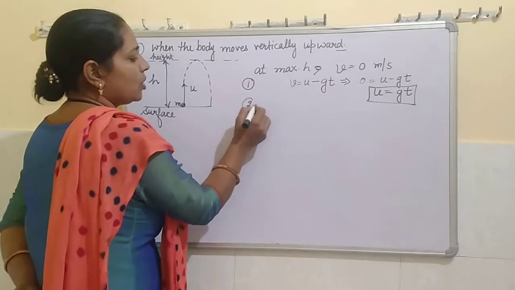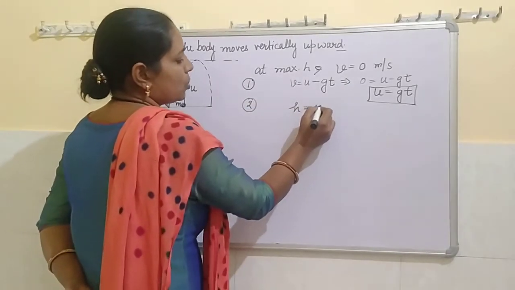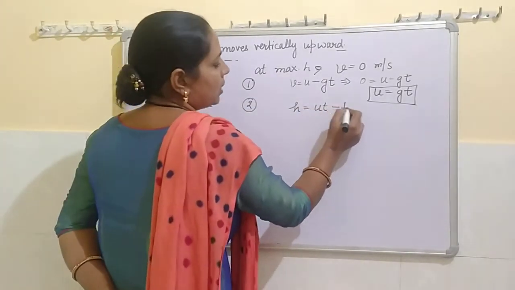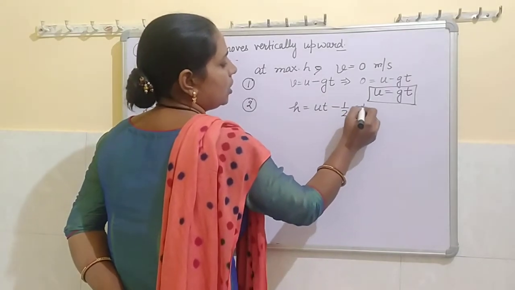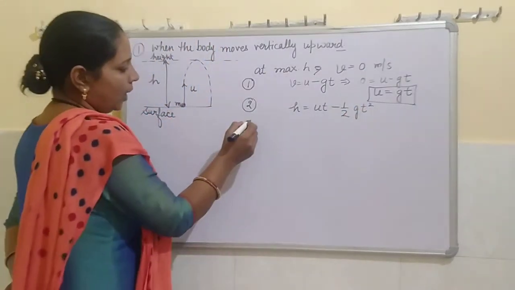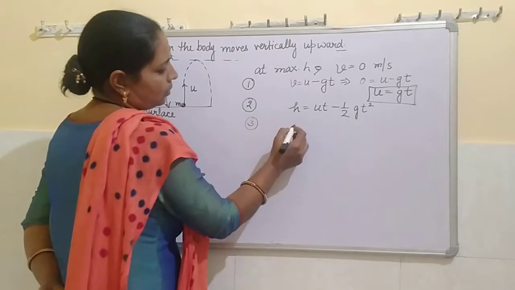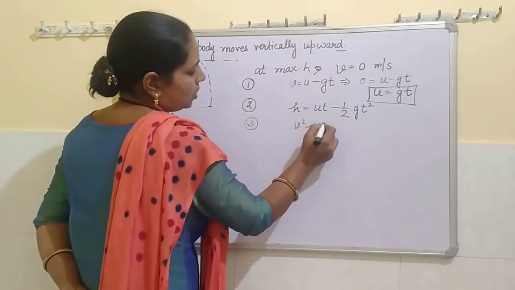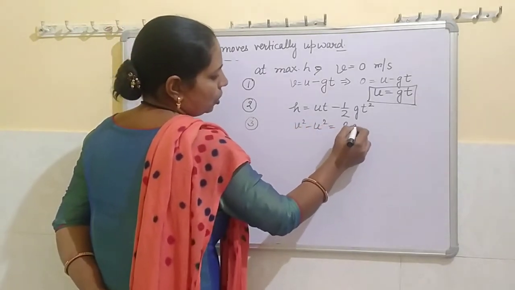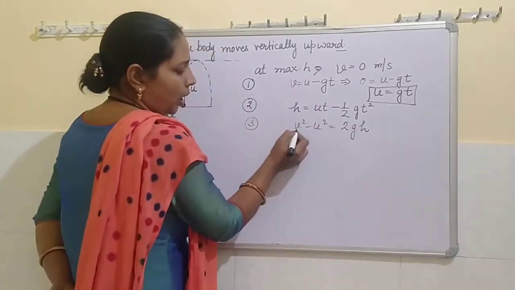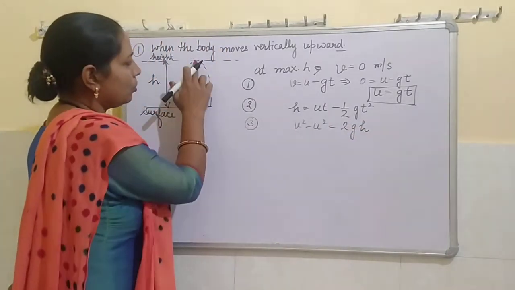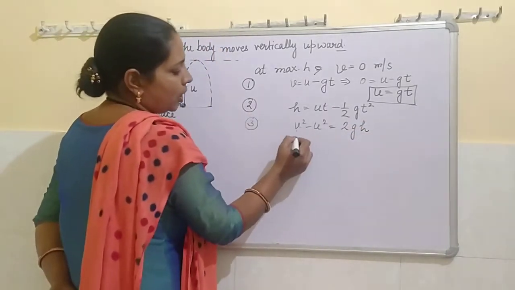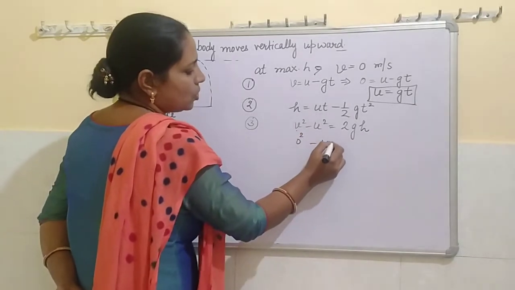Now the second equation is h equals ut minus half gt square. And the third equation becomes v square minus u square is 2gh. As the value of v is 0 at the upper point, we are left with minus u square.